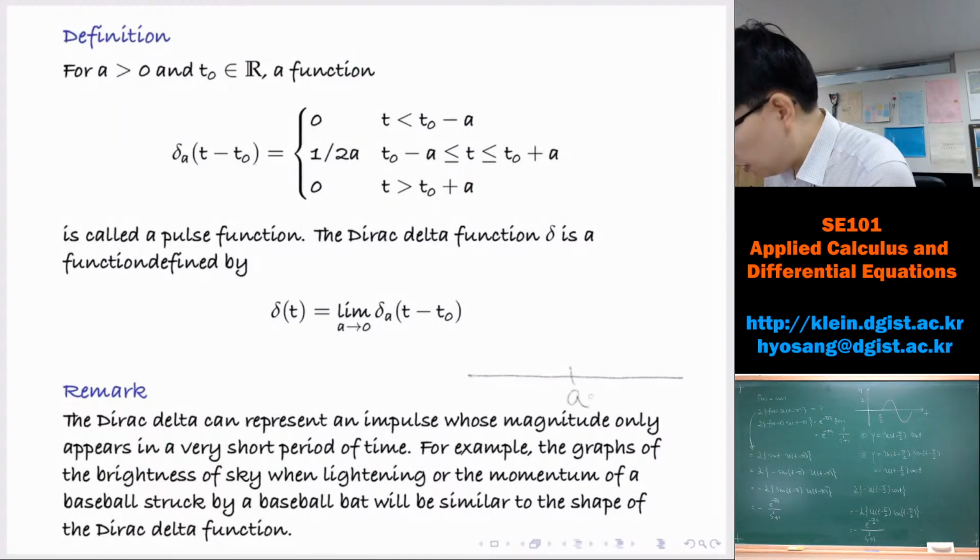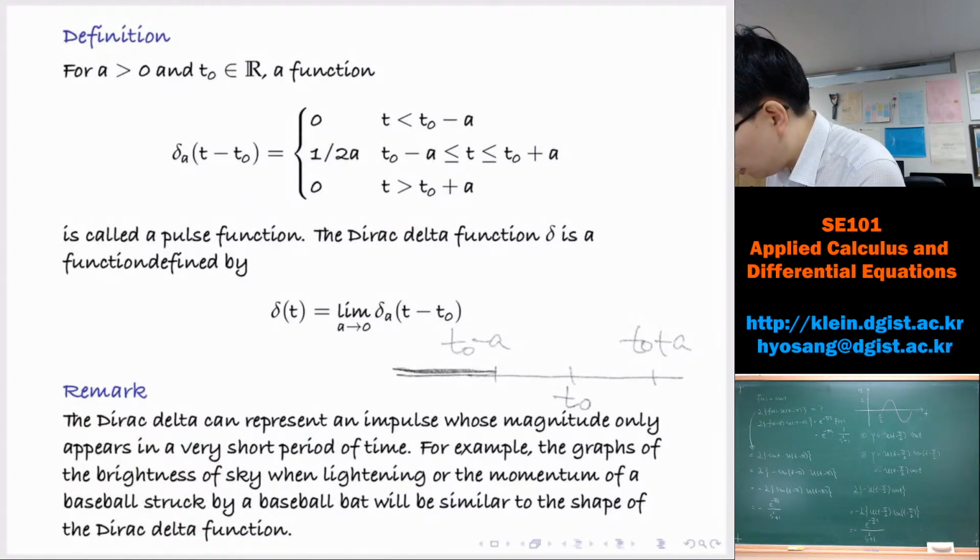So centered at t0, I'm taking a small interval, where a is a very small number, from t0 minus a to t0 plus a. And I'm going to take the value of the function to be 0 on the left hand side and 0 on the right hand side.